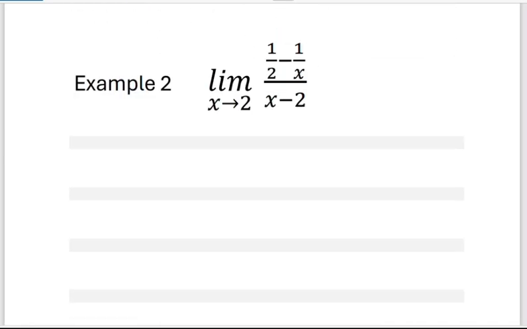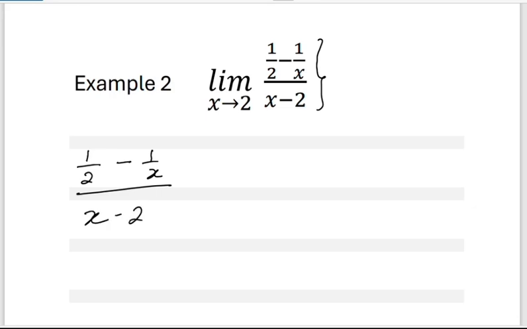So for example 2, if you plug in x directly as 2, this is going to be 0 and this expression is going to be undefined. So we don't want to do that. So rather we're going to try to simplify this before we apply the limits. So this is 1 over 2 minus 1 over x all over x minus 2.